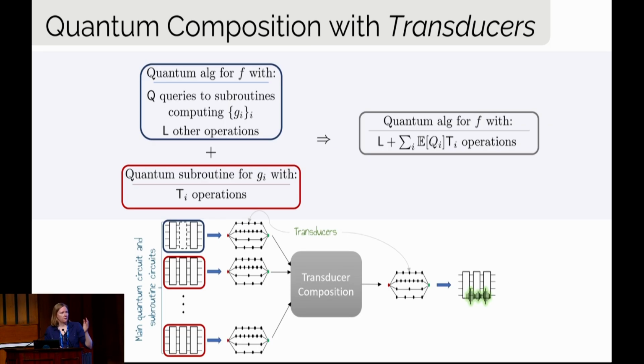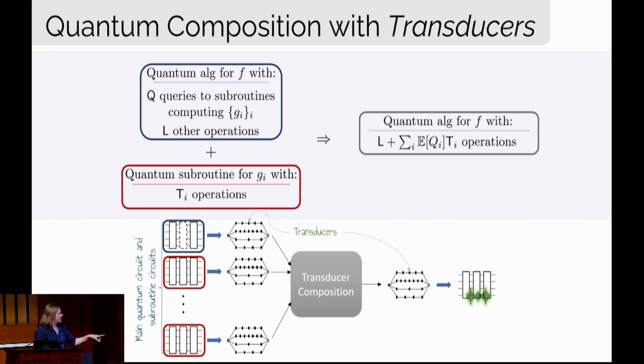And then you can map a transducer back to a bounded error quantum algorithm. Transducers have a notion of complexity that gets preserved in this mapping. And like quantum walks, transducers compose very nicely. So one reason you might use transducers is to compose quantum algorithms like this.